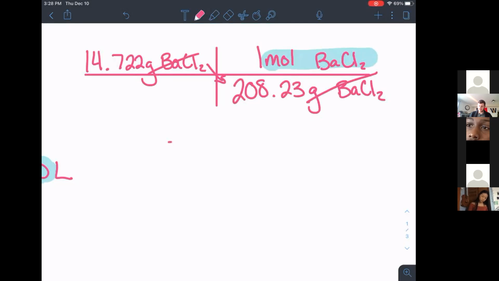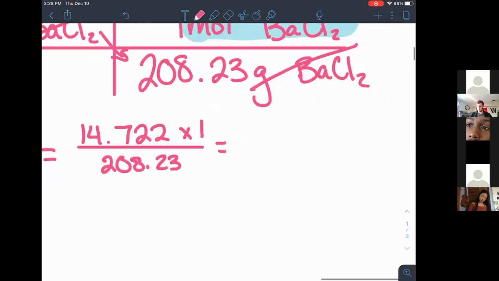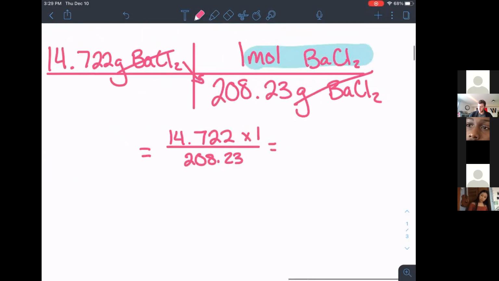So if I solve this, I have 14.722 times 1 divided by 208.23. And when I solve this, I should find out that my number of moles is 0.070701 moles of barium chloride.